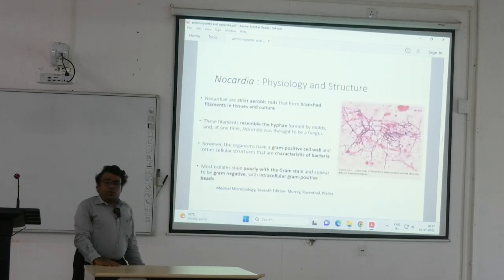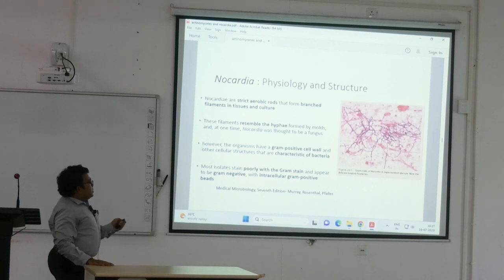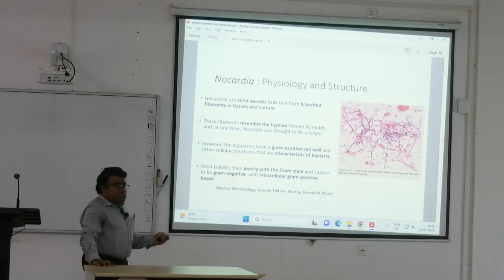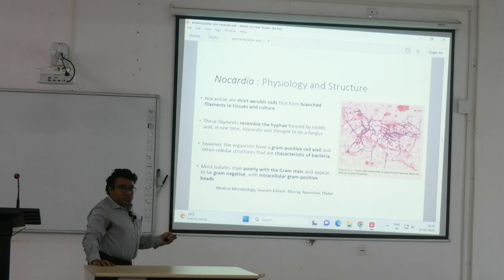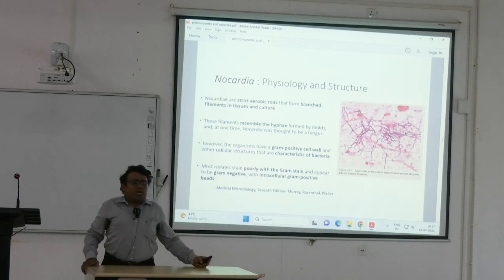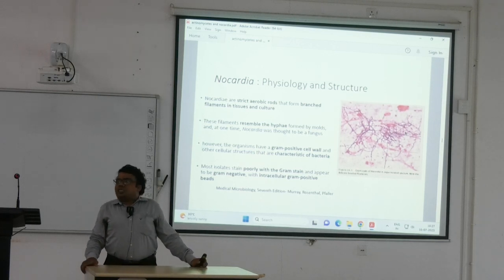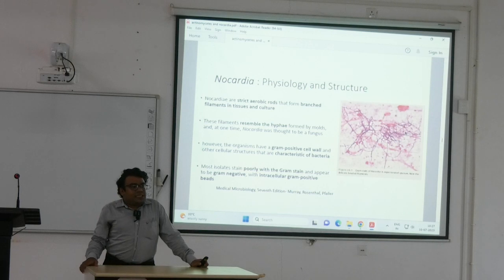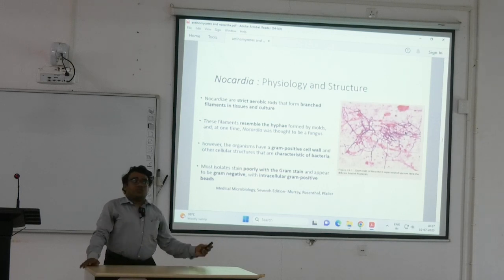Now let us consider Nocardia. This is a strict aerobic rod which has branched filaments within tissue. Can you see this thin filamentous structure which has divided at an angle? This is called branching. This sort of branching filaments in the tissue is generally seen in case of fungal infections. However, it is not a fungus.